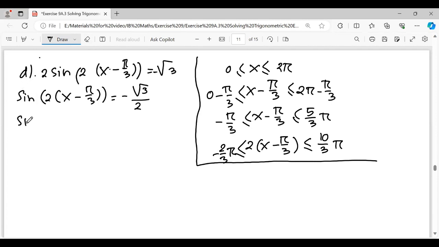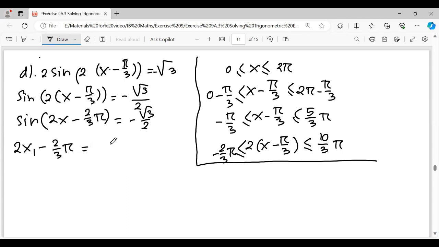Or it becomes sine 2x minus 2 third pi equals negative square root 3 over 2. So 2x1 minus 2 third pi equals negative 2 third pi. Okay.